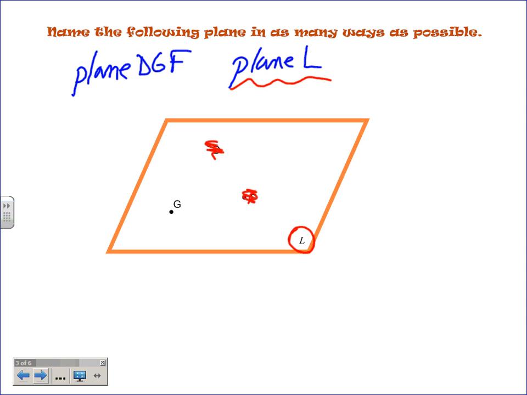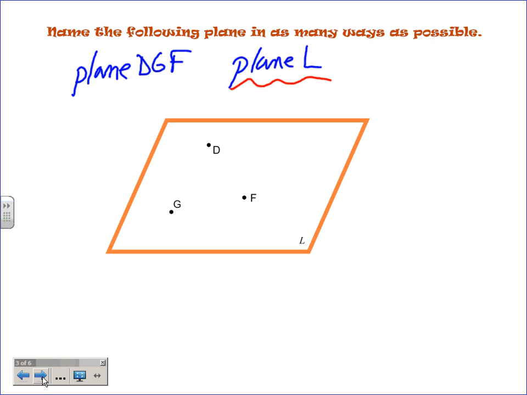Okay? Because again, I could have that sheet of paper cutting through there. Because this plane could have more points on it. This plane could have 203 points on it. Okay? But you just got to pick 3 of them and use those to name it. You need a minimum of 3. Okay, great question. But again, if those ones aren't there, you just got to go with the other way of naming it. Okay, good question. Any other ones? All right.